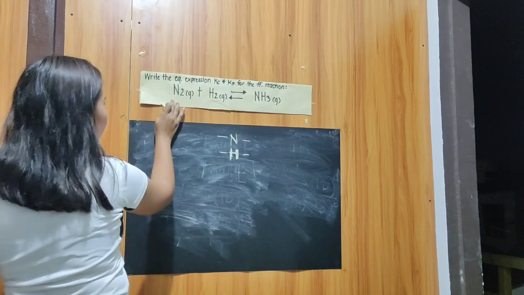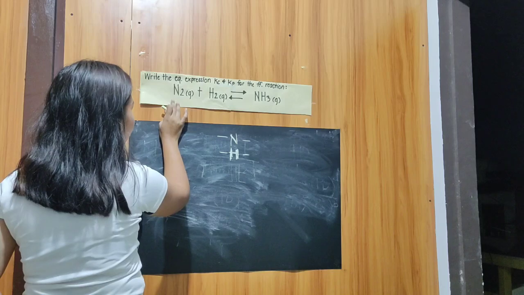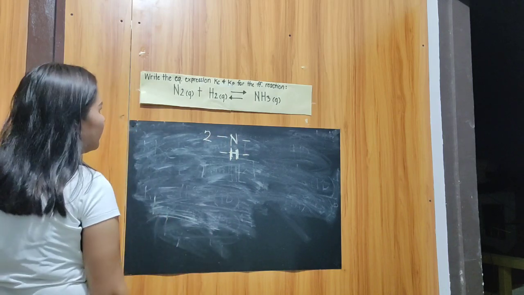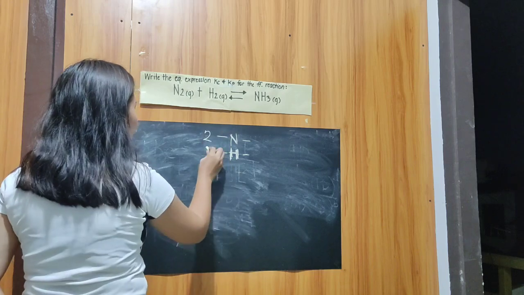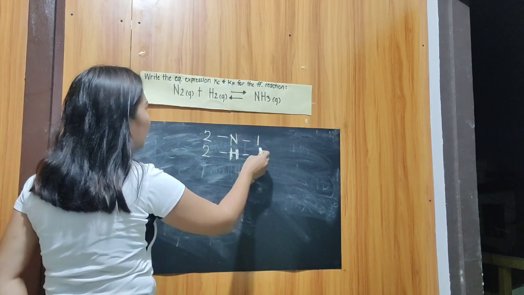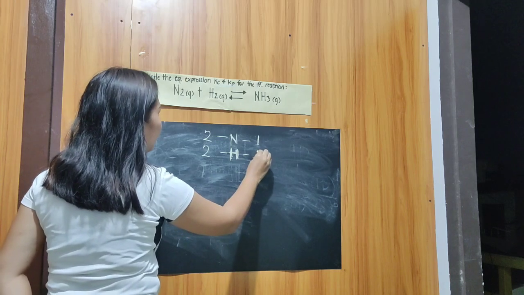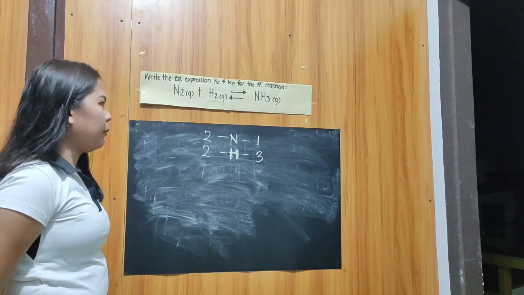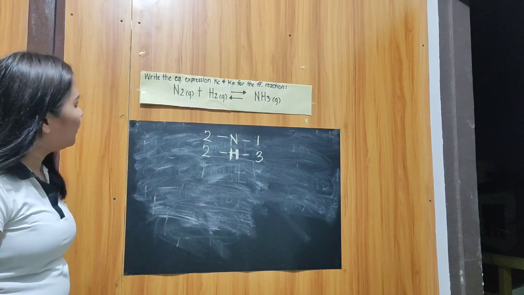The nitrogen here is 2, and the hydrogen is 2. And here the nitrogen is 1, and the hydrogen is 3. So it is not balanced.